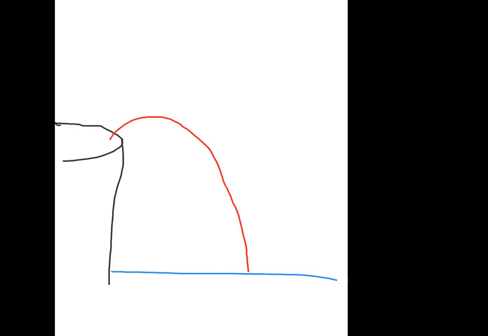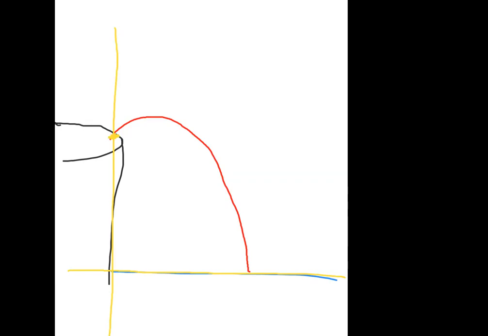Here's what we're going to do. We're going to set it up kind of like this. We're going to leave the water as the 0 line. So in this scenario, you're not actually starting at the origin, you're starting at some value up here, which is going to be the height of the cliff.